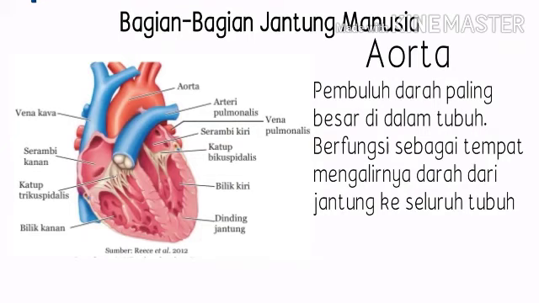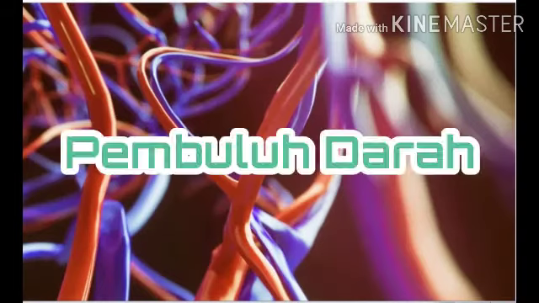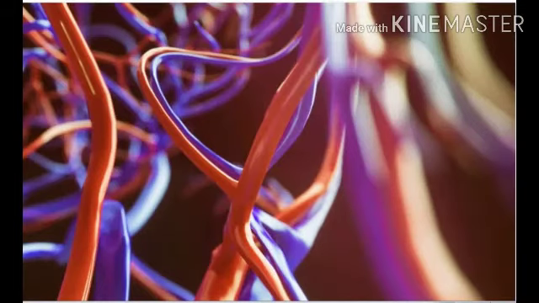And the last, aorta, is the largest blood vessel in the body. Its function is as a place for blood to flow from the heart to all parts of the body. Next, we talk about blood vessels.